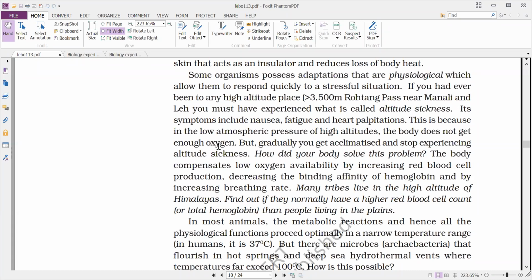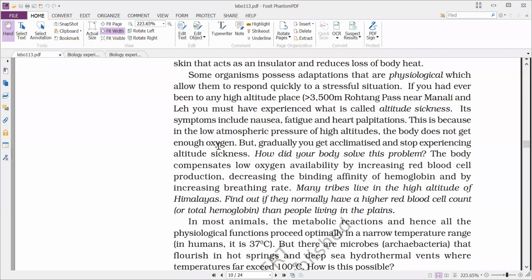If the same person moves to higher altitudes, he will have a higher RBC count. This is to increase the affinity towards oxygen.